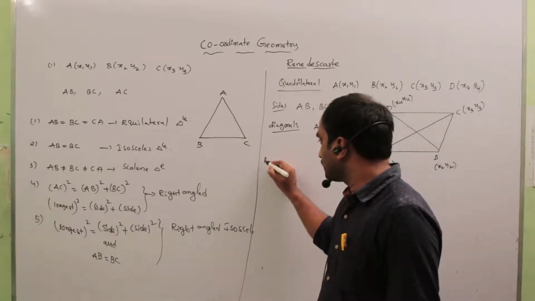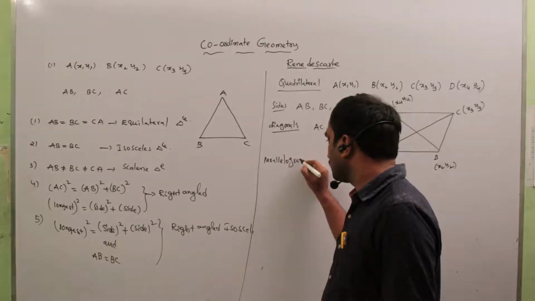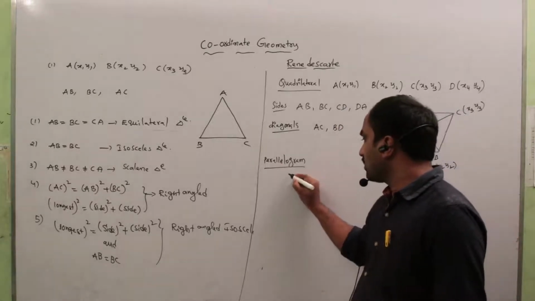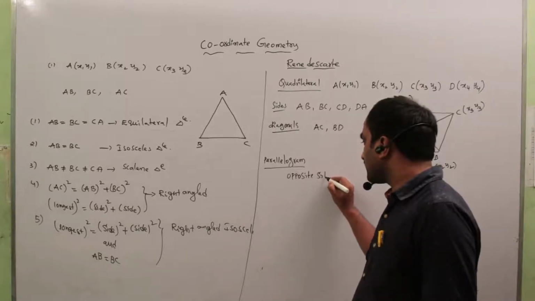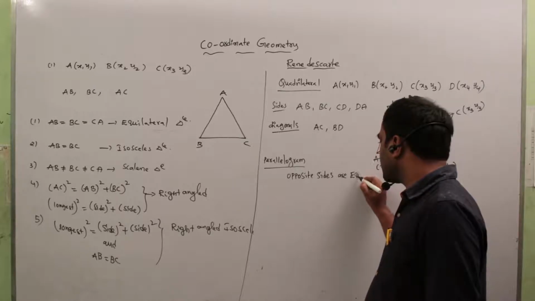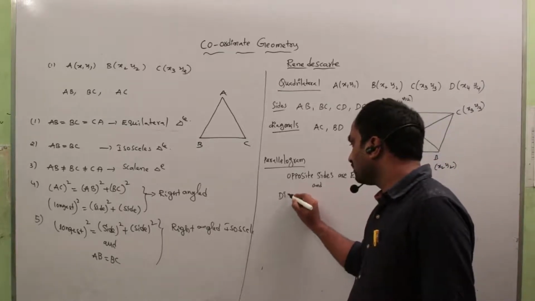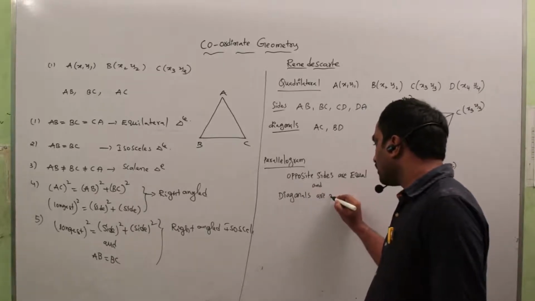The first one, parallelogram. Parallelogram means we know very clearly opposite sides are equal and diagonals are not equal.